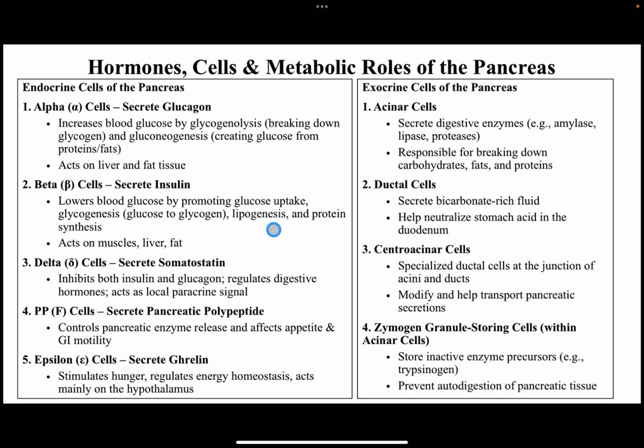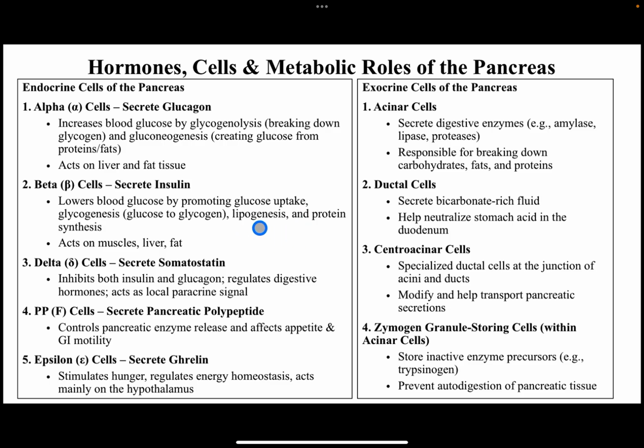Lipogenesis is when you convert glucose into other nutrients like proteins and fats. That process is what we call lipogenesis.